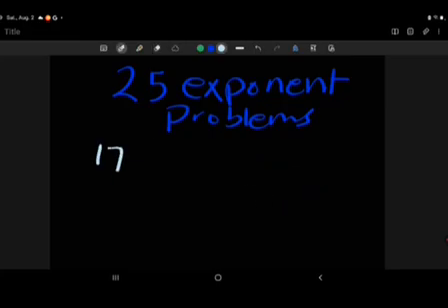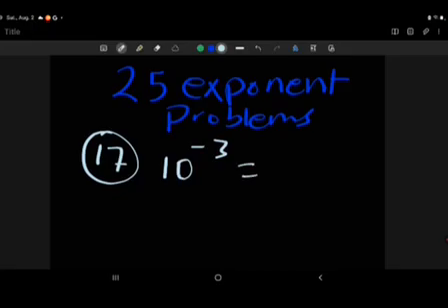So number 17, say we have 10 to the negative 3. What is that going to be equal to? So same idea, the answer is 1 over 10 cubed, which actually works out, we can actually put it in decimal form, which is this answer here.